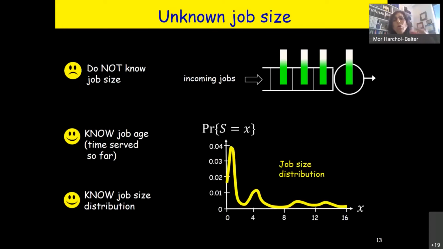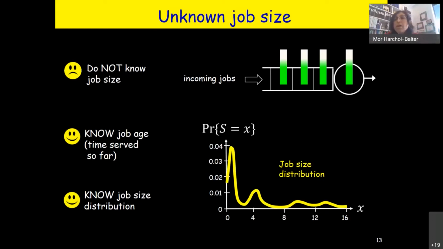And so you know that maybe they follow some kind of distribution. Maybe there's some likelihood of jobs that are short versus medium versus long versus extra long. And you can start drawing a histogram of the actual distribution over time. But for an individual job, you have no idea how long it's going to run. You just have this distribution and you have the age.